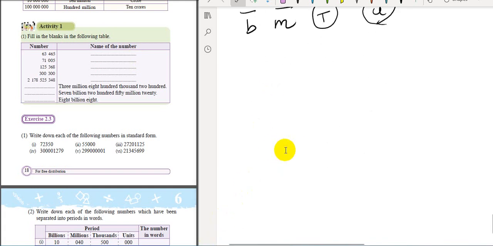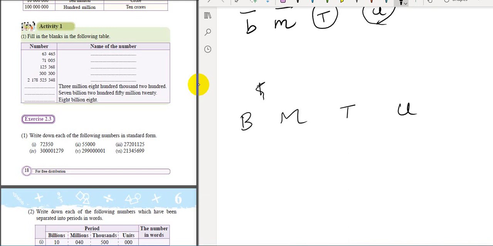Then we'll move to this one, 3 million. How to write this number, 3 million? Well, first we will put the periods: billion periods, million periods, thousand periods, and unit periods.